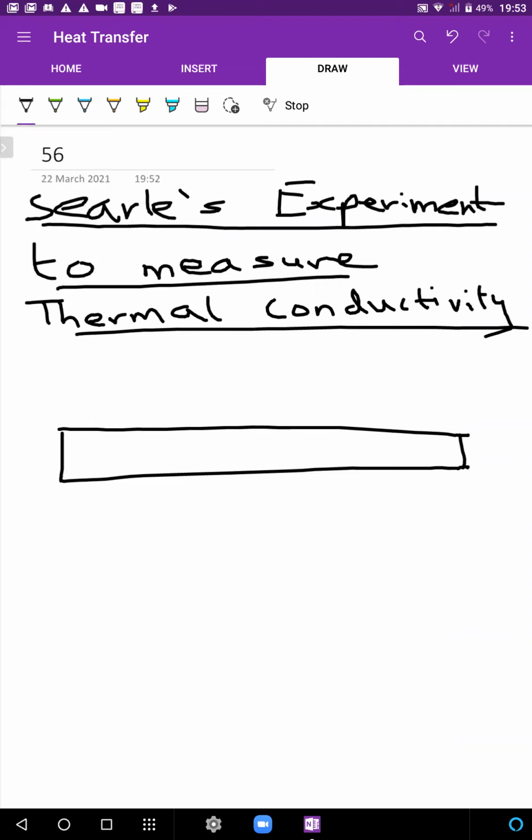So just one or two last points. You'll typically be given, you'll measure the temperature at 2 points. So this is a rod. Okay? So we're trying to measure the thermal conductivity of this rod. We'll be told temperature at T1, we'll be told temperature at T2, and we'll be told the distance between these 2 points.